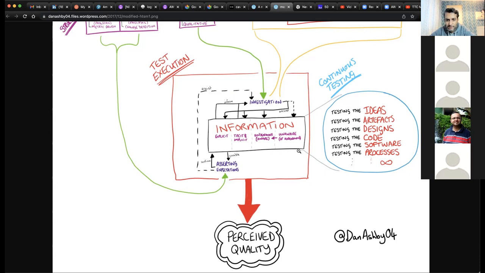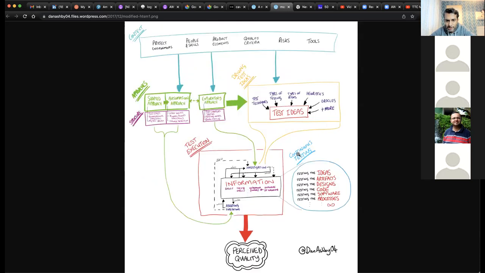So this is, in a nutshell, the modification that Dan Ashby and Richard Bradshaw did to the heuristic test strategy model. And I think it is very good. I encountered this one in 2018, about 4 years ago. I find it very interesting.